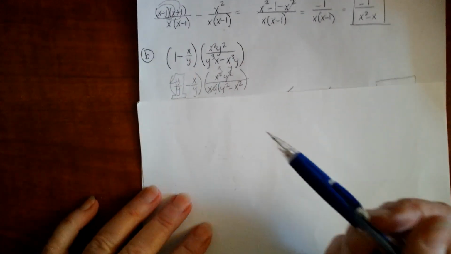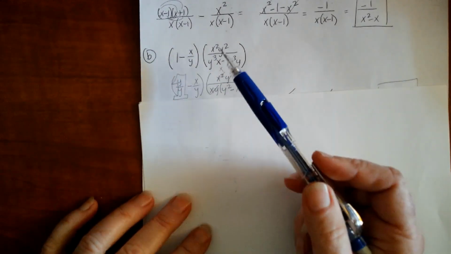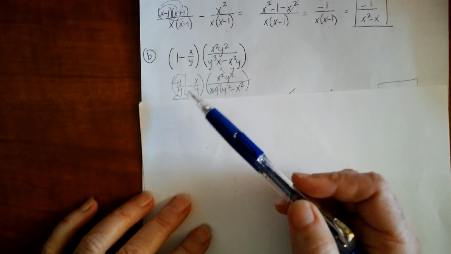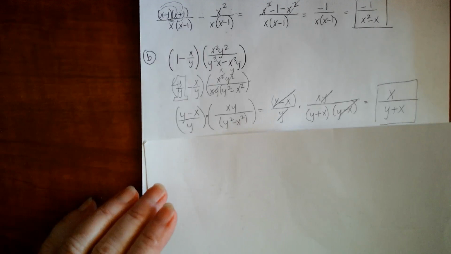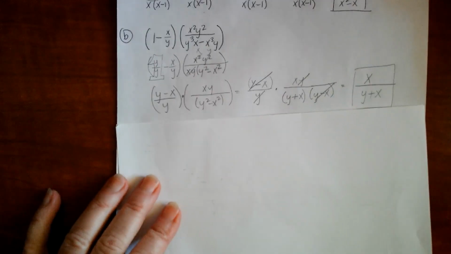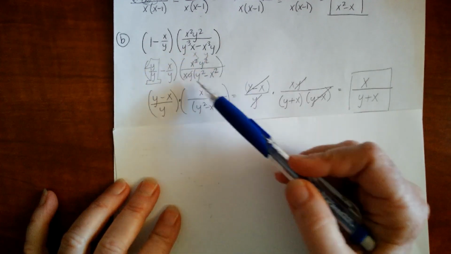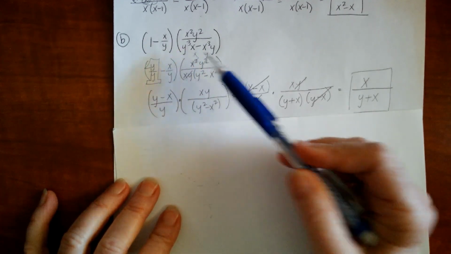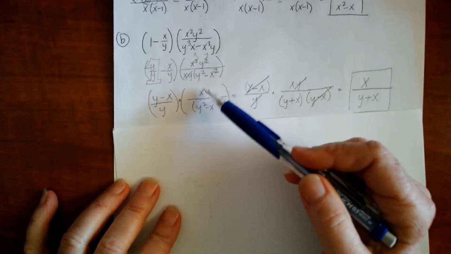there might have been a faster way to do this, but I decided to turn this one into a single fraction. So I wrote the 1 as y over y, and so that gave me x minus y over y. And then over here, I factored on the bottom. I saw that I could take an x and a y out, so I factored it, canceled up here.